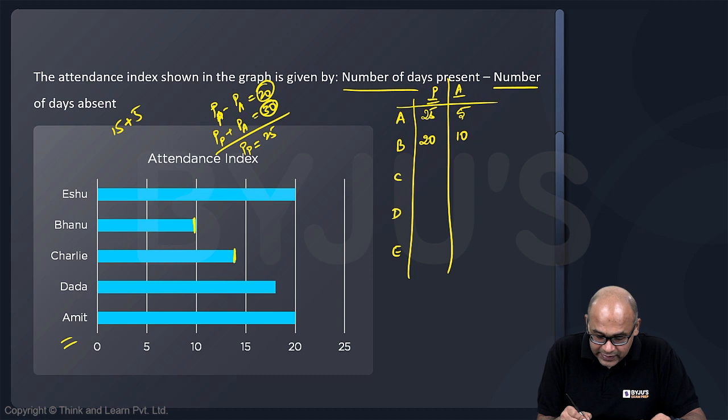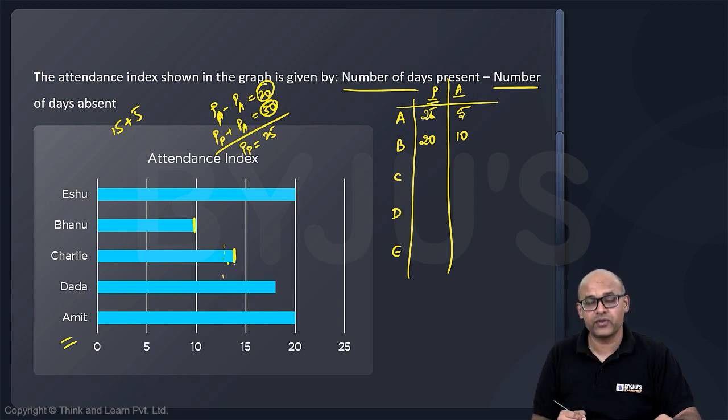Similarly, if you're looking at C, this value is close to 15. So this is 13 or 14, I think. This should be 12.5, and 13 should be somewhere over here. So this is 14 and then comes your 15.